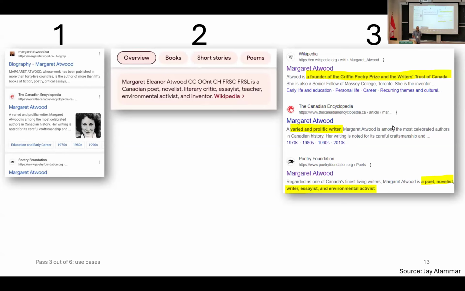This is a search query about Margaret Atwood, and in item 1 I got a ranked list of websites. So my first question is, do you think BERT was used for ranking these websites? Raise your hand if you think the answer is yes.